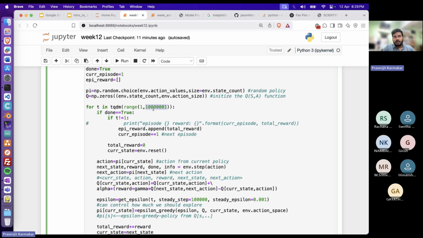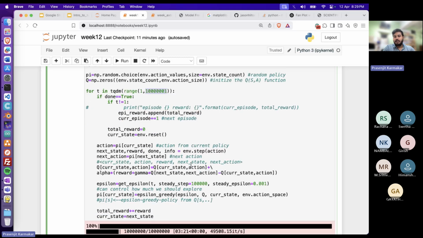If I go for only 1 lakh interactions, it is not converging. I have to go for like 1 crore interactions to get it converged, right? So these things are hyperparameters that you play with. Model-free reinforcement learning, it's more an art than a science.